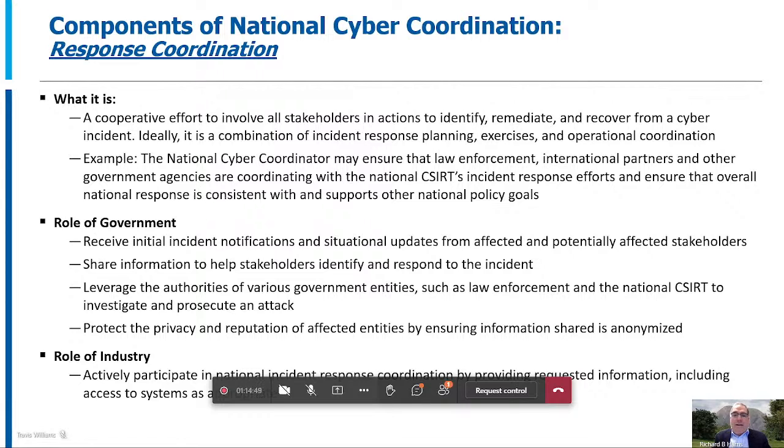And then the following slide has a Mentimeter question where we will identify the benefits and challenges of response coordination at the national level. And so I ask you to start thinking about that as I introduce this topic, and we'll follow that same format through the 5 or 6 different white boxes or functional areas that we just discussed.